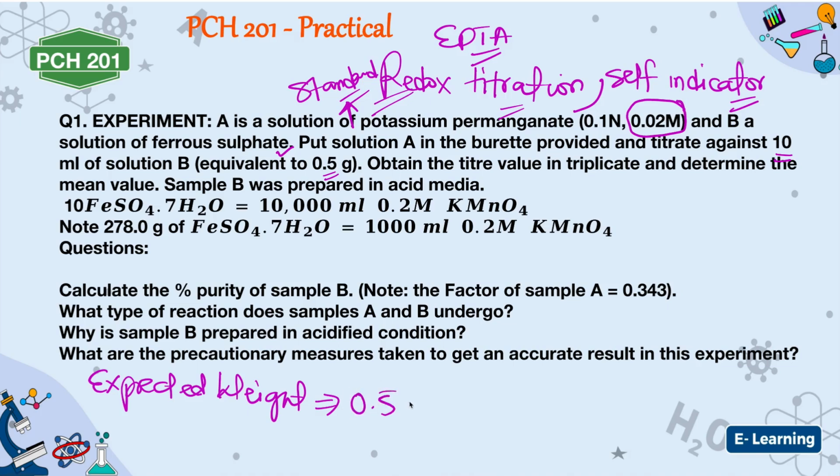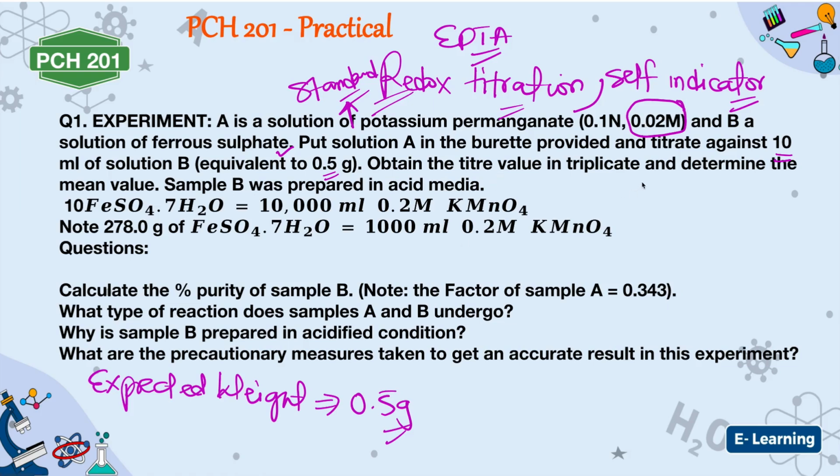The expected weight of ferrous sulfate is 0.5 gram. So note that the weight of ferrous sulfate they give is the expected weight, while the molar concentration of potassium permanganate given, also take note of, and you will use them. Are you getting it now?